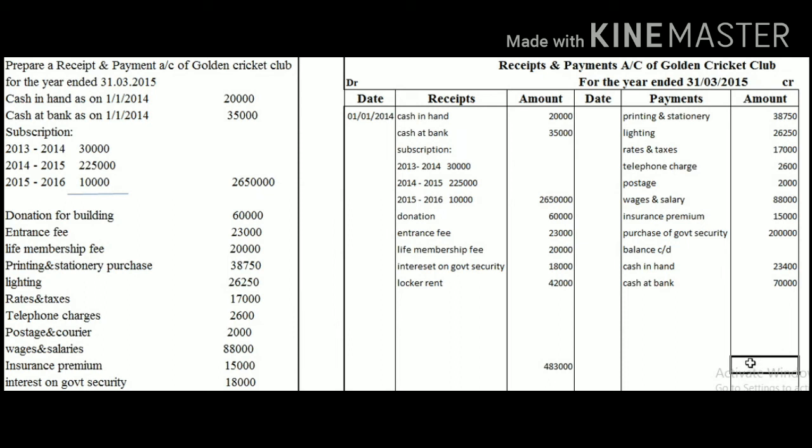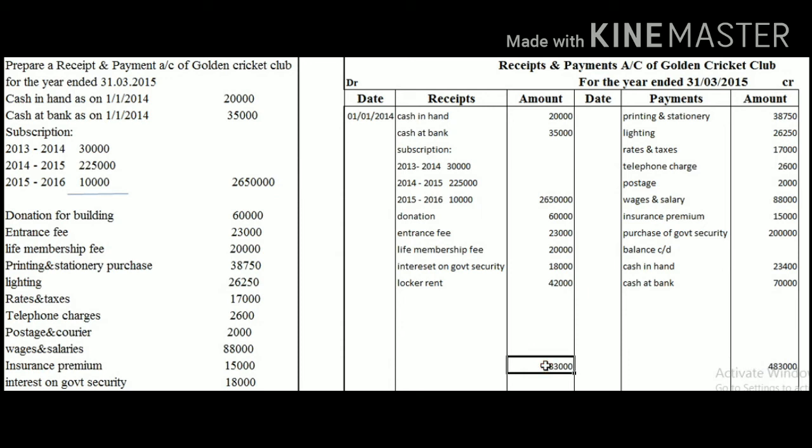So the total here is also the same, 4,83,000. So both the debit side and credit side are the same, 4,83,000. So there is no excess of cash in either side. Here the debit side and credit side tally, and the total of both sides is 4,83,000.